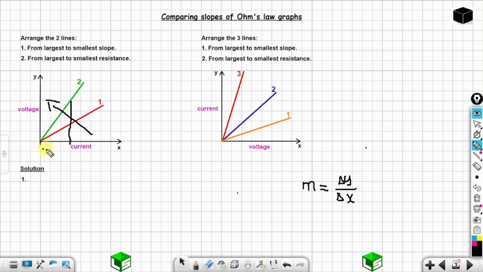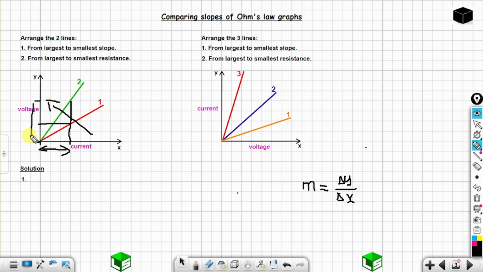Now we are going to compare the numerator, the change in the y. For line number one, the change in the y is from that point to that point, and for line number two, the change in the y is from that point to that point.